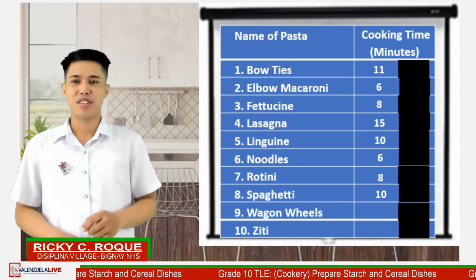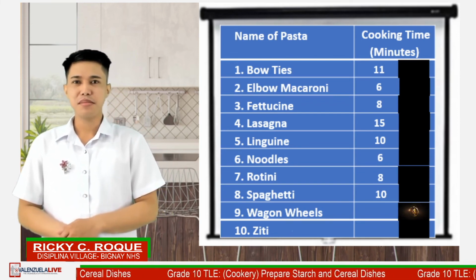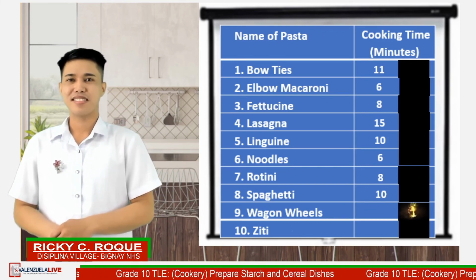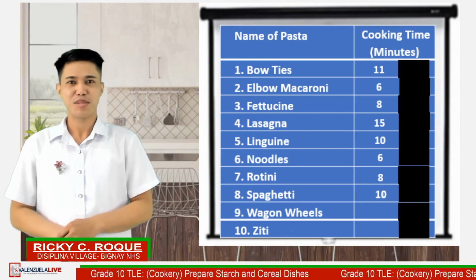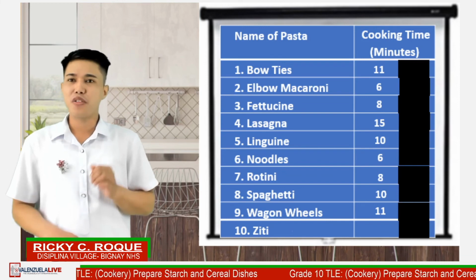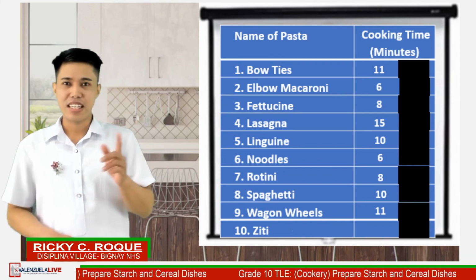5 seconds. Wagon wheels has 11 minutes of cooking time. Number 10, ziti.